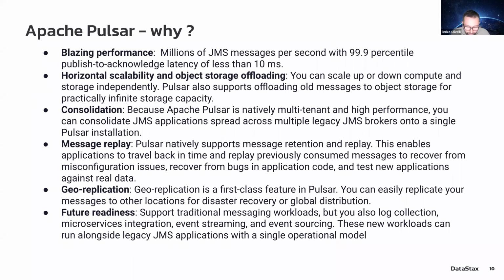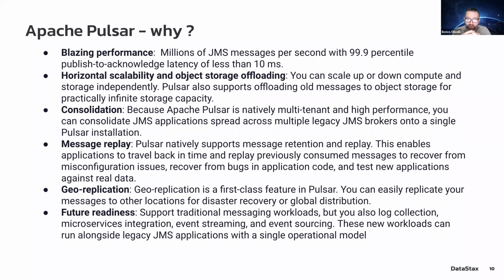Some other facts about Pulsar. Pulsar was born to deliver millions of messages per second with very, very low latency. You can horizontally scale every component in the cluster. We will see this later. And also you can move your data, when you don't use it that often, to cheaper storage.